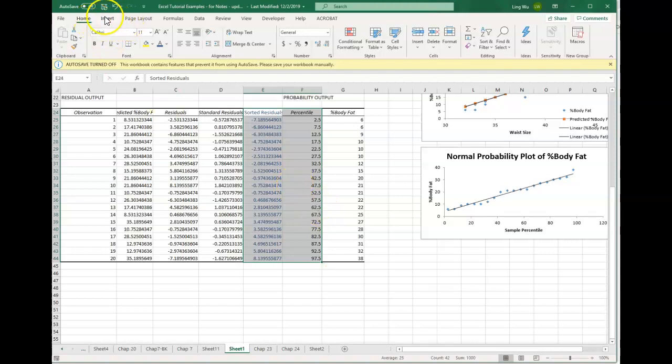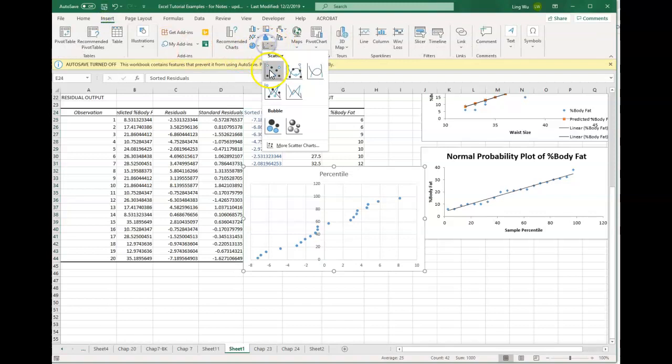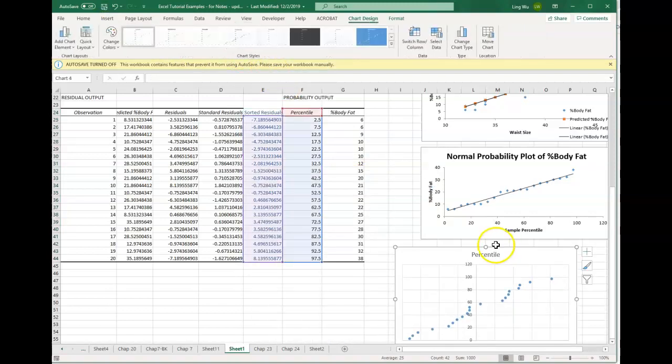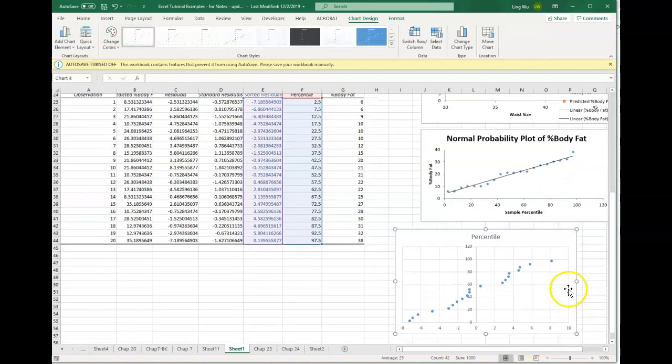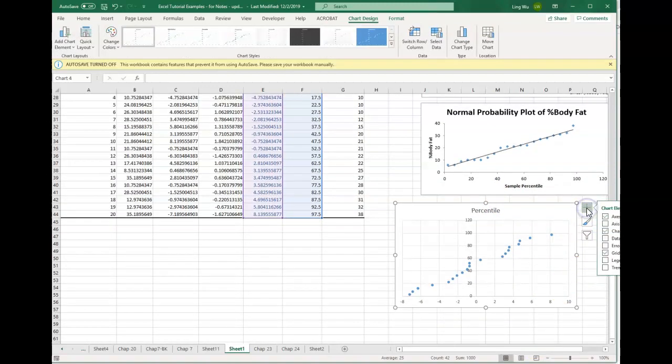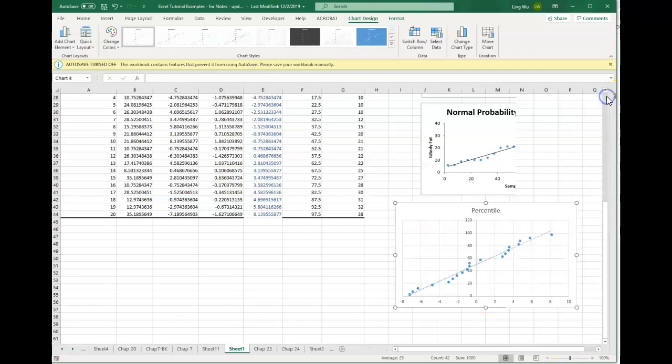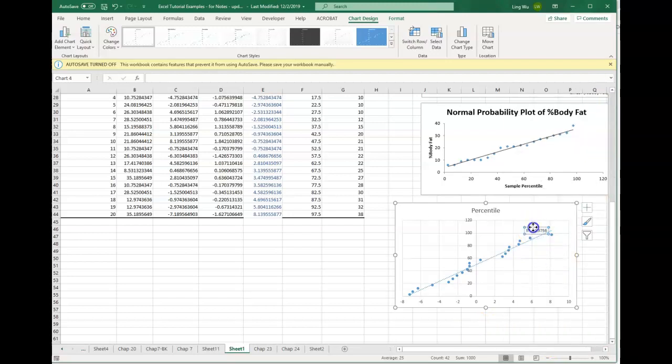Use this one, insert a scatter plot. A simple way is to add a trendline, and I will also commonly ask you to show the R-square value. Okay.